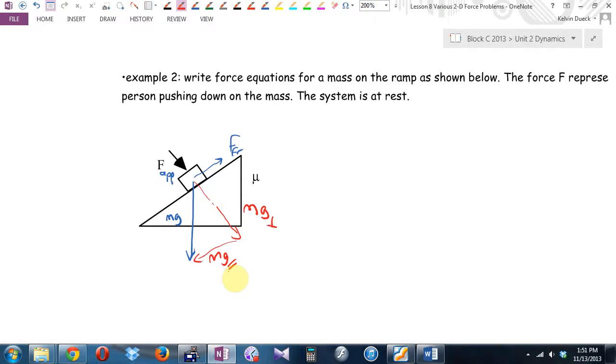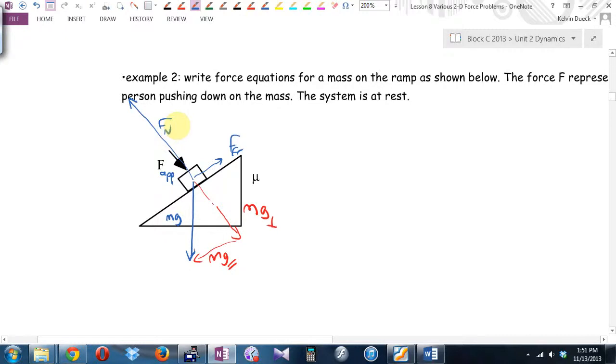Now, look. Is the normal force going to be bigger, smaller, or the same size as mg perpendicular? Why? Because it has to cancel this out, and it's got to cancel this out. So this is going to give me a normal force, something like this.